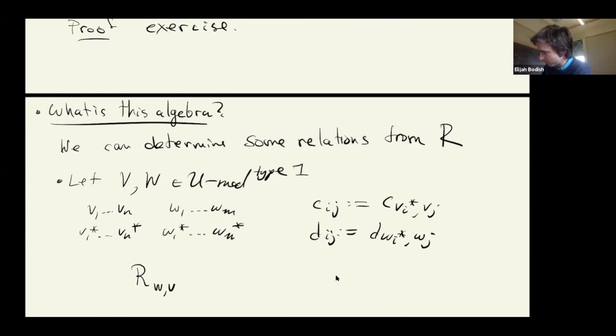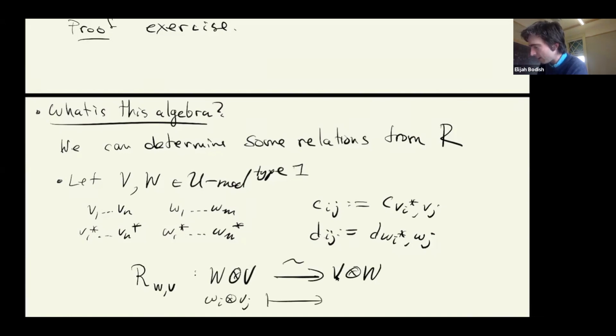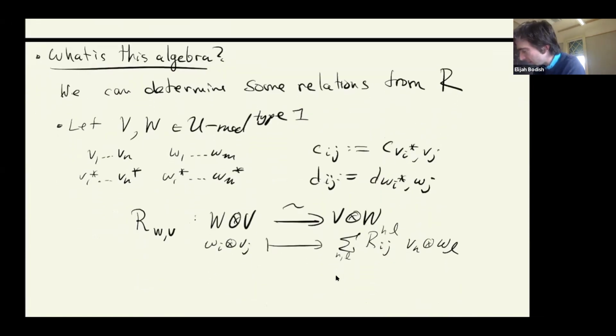So I then recall that I have this map R_WV from W tensor V to V tensor W, which is an isomorphism, sending, and I'm just going to write it down. I chose a basis, so I can write this down in this horrible way, as a sum over indices h and l of R_{ij,hl} v_h tensor w_l. And how does this work?